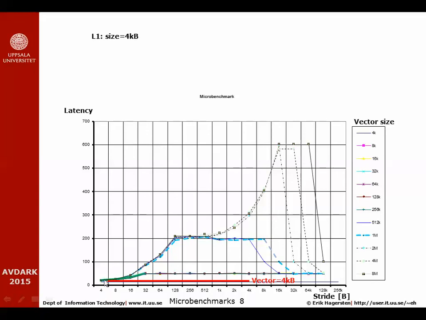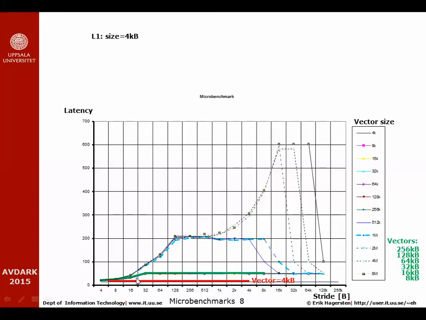Then we look at the next set of curves. So actually, these are many curves that are hiding underneath each other here. It's similar, and this is from a real experiment, so it differs a little bit, depending on the phase of the moon and what kind of mood Murphy is in. But we can clearly see a ski slope going up here, and then that curve goes flat, and that is, as I said, for many vectors, for 8 kilobytes and all the way up to the 256 kilobyte vector, but no other vectors.